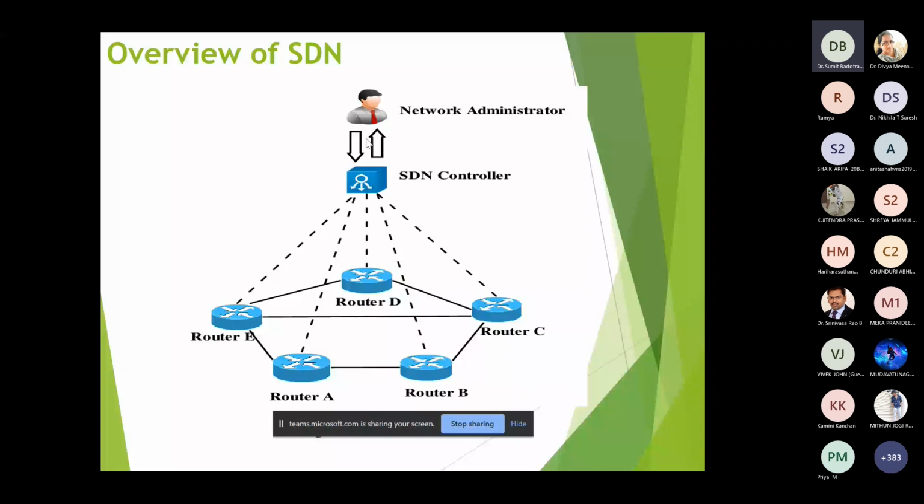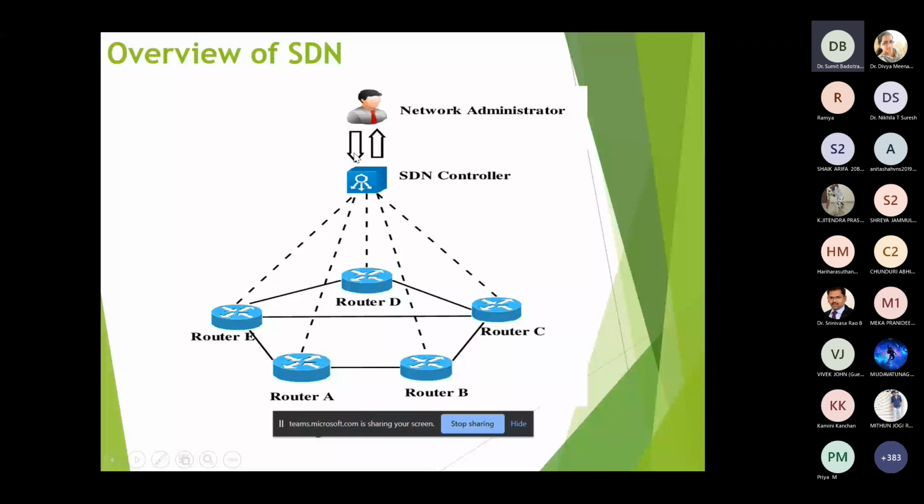Now the network administrator does not need to specify or rectify or make any kind of modifications to individual networking devices. So in this case, routers are placed in our network, and these routers are forwarding and receiving the information from one place to another. Now this information is passed through your SDN controller, which is managed by your network administrator.